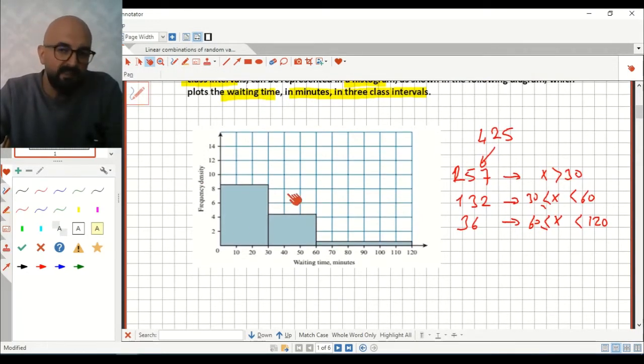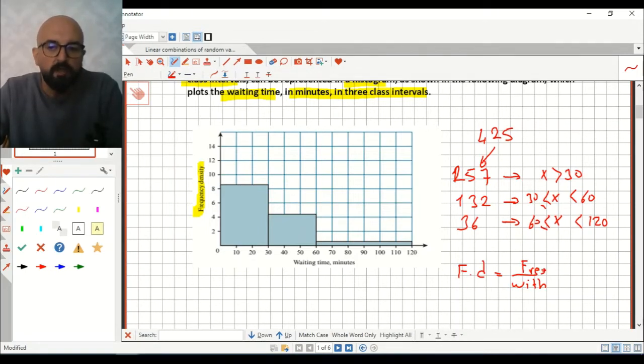So this histogram is related to frequency density. Please remember that from Statistics 1 we used frequency density. Frequency density equals frequency over width.